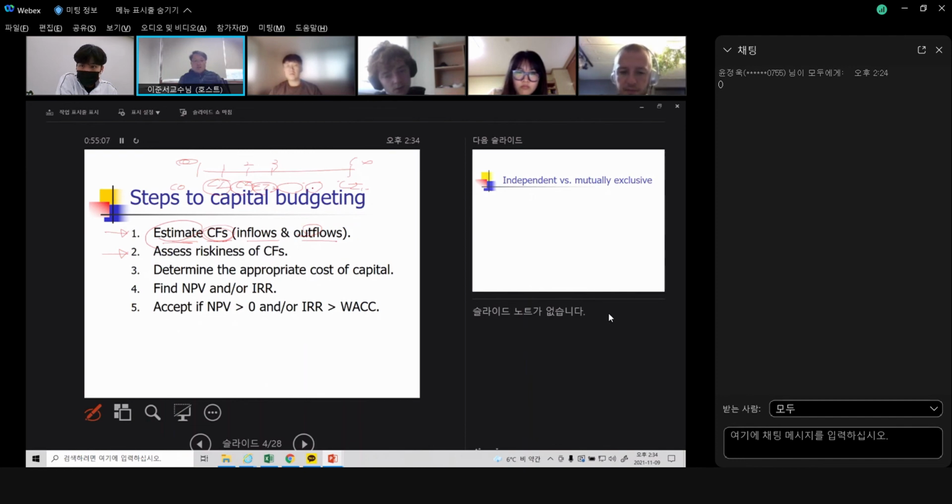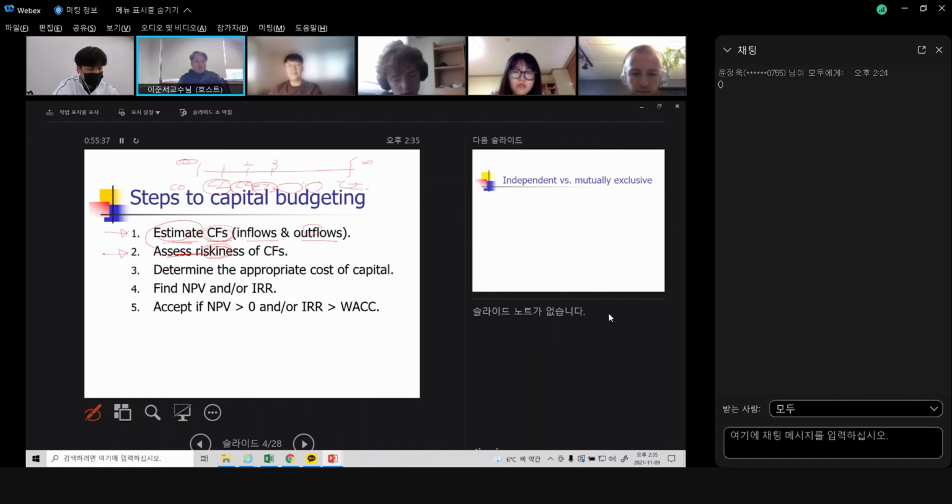So we need to calculate the riskiness of the cash flow stream. What percent of the expected cash inflow can be realized in reality? That's the riskiness of cash flow, which means we need to make sure of the cash flow estimated in the first step. That's the second step.